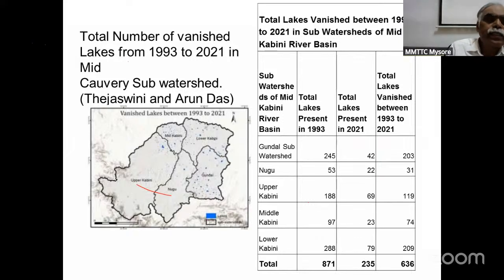As a disaster, if you want to plan for a region, how to mitigate or give a solution to a place to come out of this desertification disaster, we have to have all this data: which is the most severely affected area and what should be the best plan. A generalized plan cannot be implemented for the entire region.